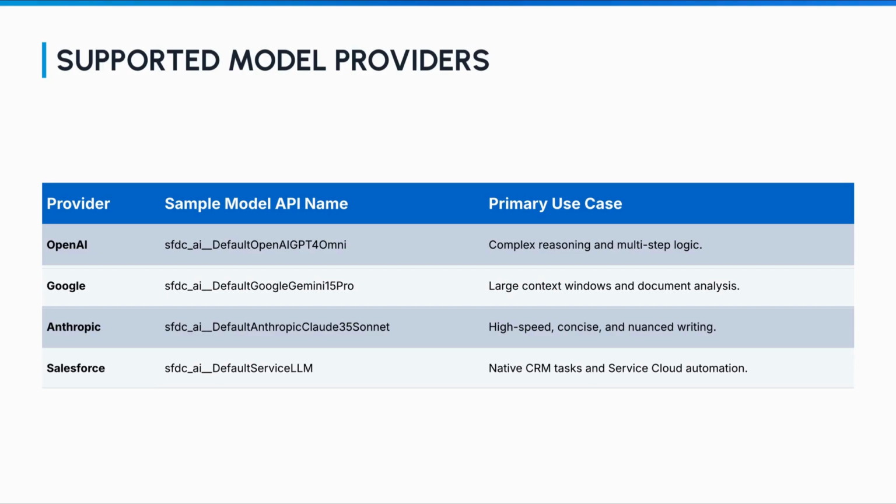In the Anthropic case, Anthropic is also there after default. So every provider name is displayed after default. After that, the remaining part is the model name, which model we are going to use. In the case of OpenAI, we are going to use GPT-4 Omni Mini. In the case of Google, you are going to use Gemini 1.5 Pro. So we have multiple supported models.